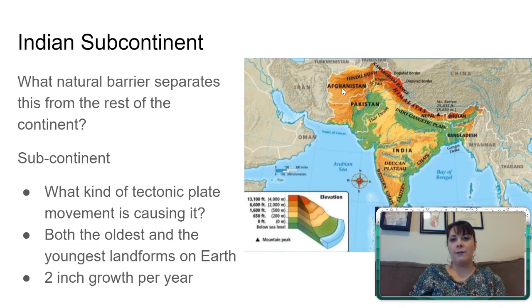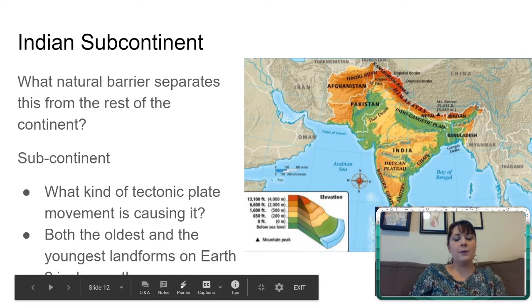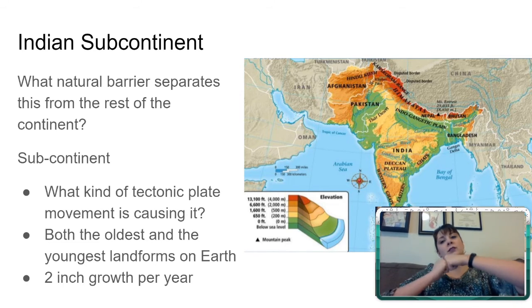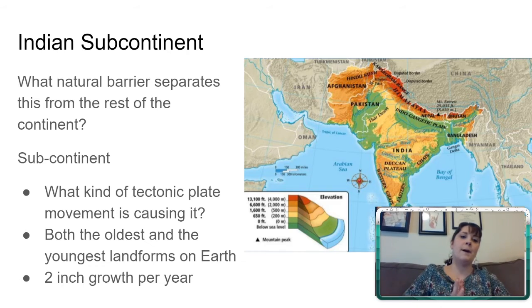We also have a mountain range up between Afghanistan and Pakistan as well. So there are mountains that surround India. Tectonic plate movement is creating the Himalayas. So what kind of tectonic plate movement is it? We have continental plus continental, and it's pushing it up.